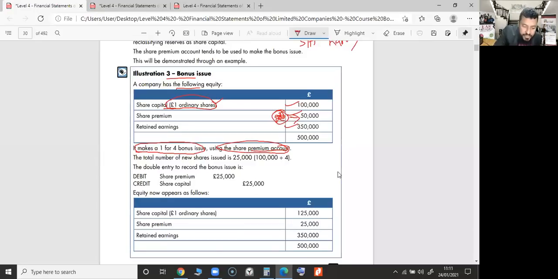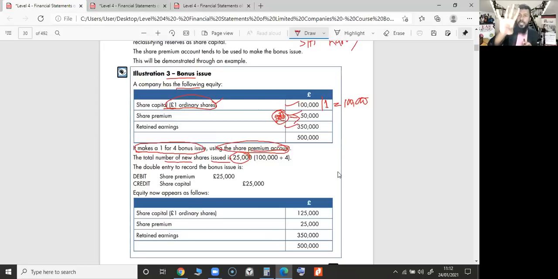1-for-4. Stay focused. The total number of new shares issued is 25,000. How did they get to 25,000? How many shares do you have? 100,000 divided by 1 equals 100,000 shares. You have issued 100,000 shares. But for the bonus, what is your clause? There will always be a clause. There is a bonus. A little later, we're going to learn a rights issue as well.